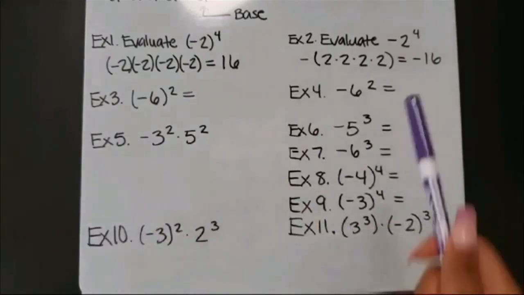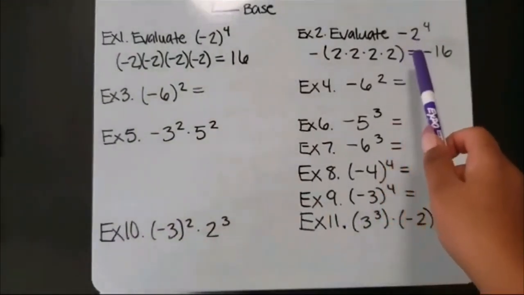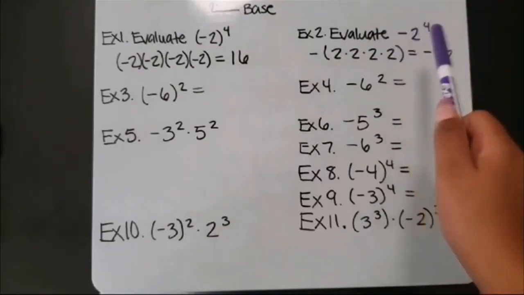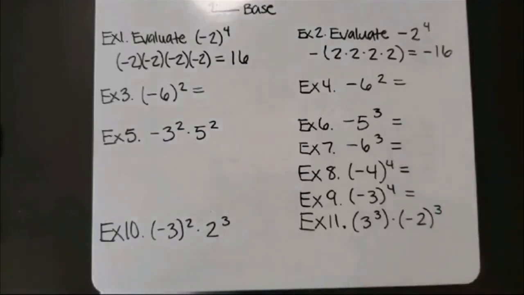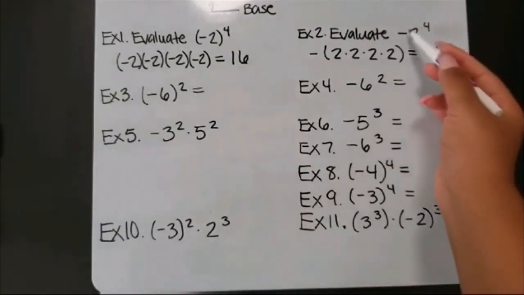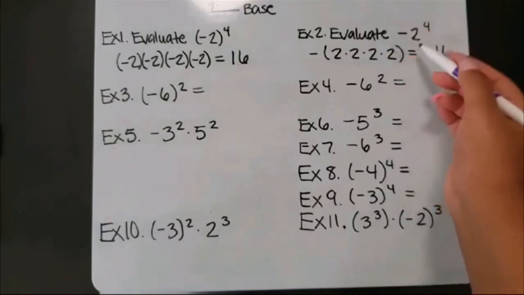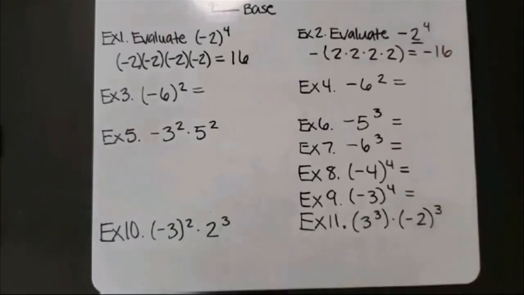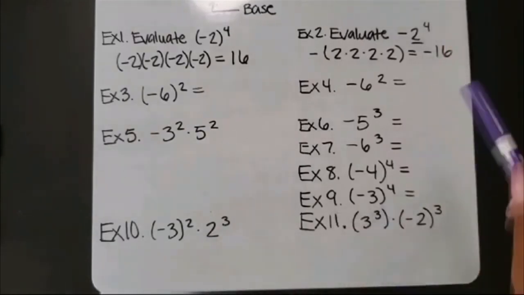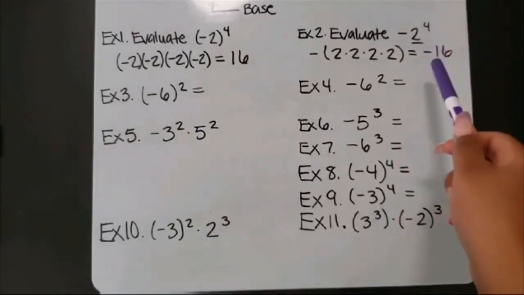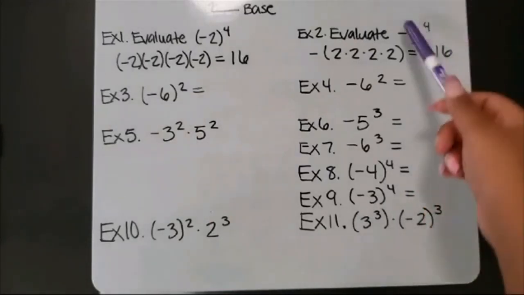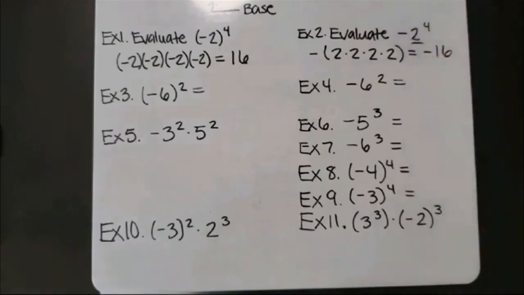So in this example, yeah, we see negative 2 to the 4th power, but the negative 2 is not in parentheses, all right? So what this is saying is we have a negative out here, and then we have a 2 to the 4th power. So whatever 2 to the 4th power is, we have to multiply that by a negative.